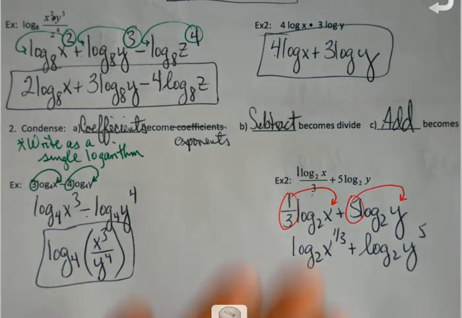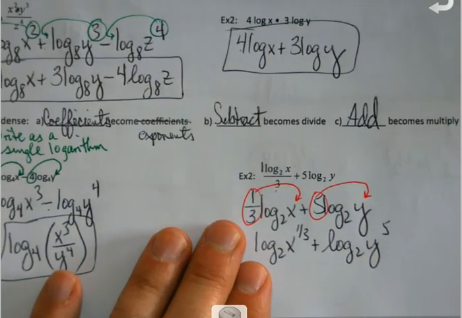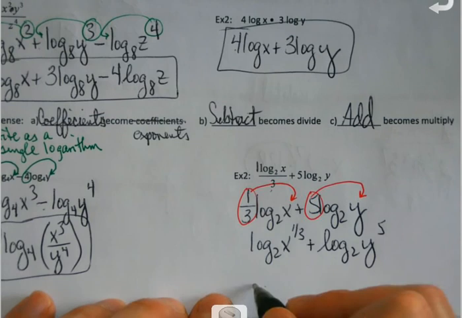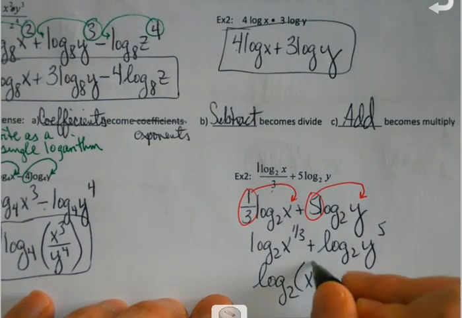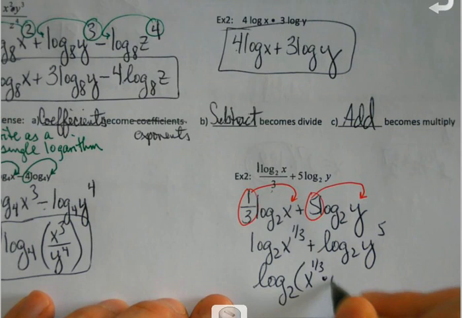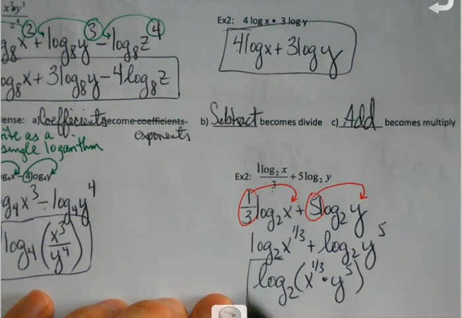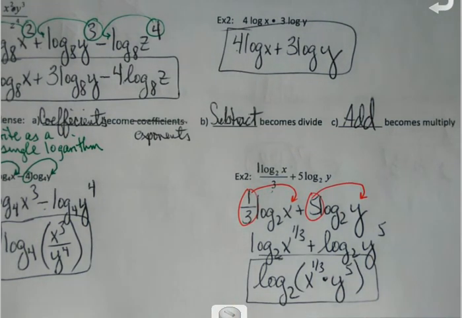Yep. Add becomes multiply. So, since we're going to our single logarithm, x to the 1/3 times y to the 5th. And I'm set. Okay? So that'll be something that's helpful for you as you're working your way through the review.